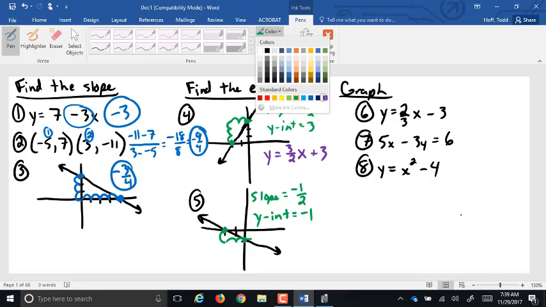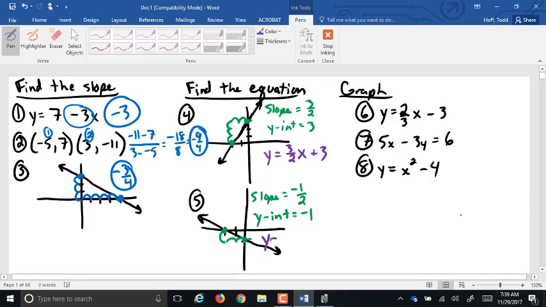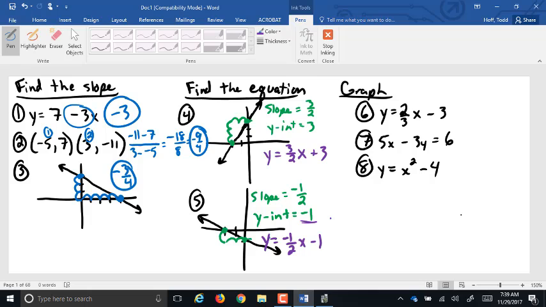So the equation, y equals -1/2 x minus 1. So the slope of -1/2 times x, and then the y-intercept is -1.